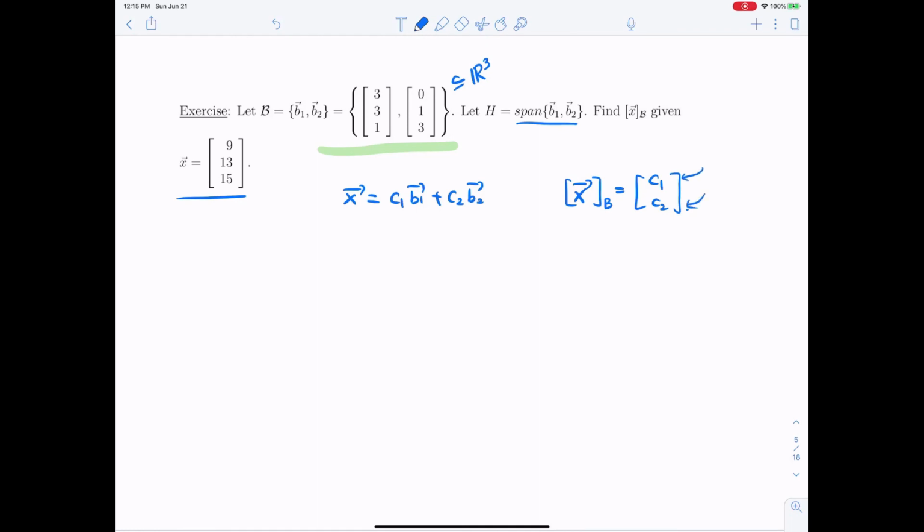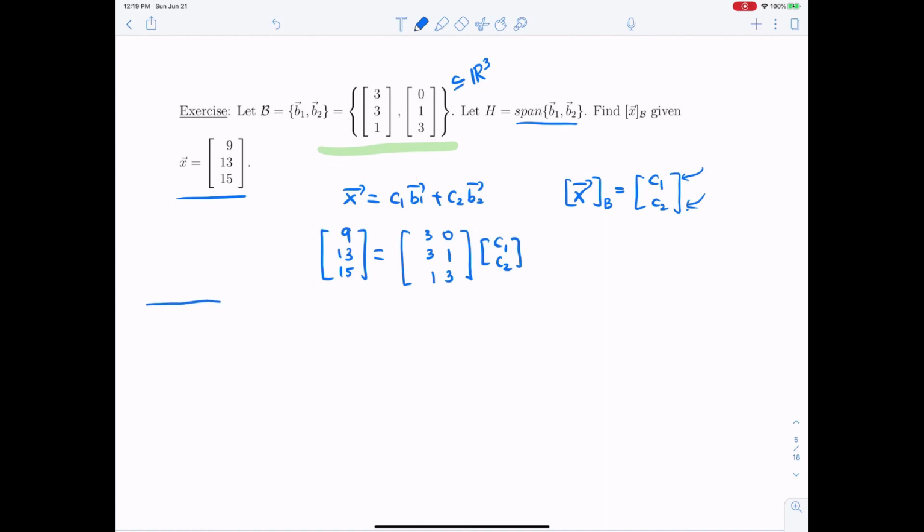So if you write this as a matrix equation, then this gives you 9, 13, and 15 equals the matrix with columns 3, 0, 3 and 1, 1, 3, times c1 and c2.